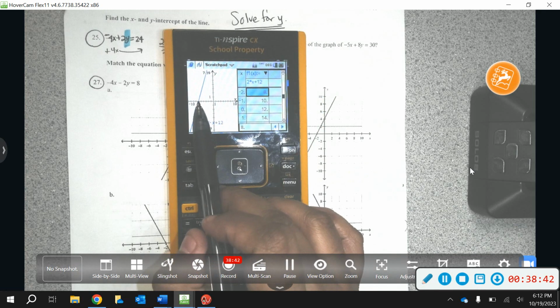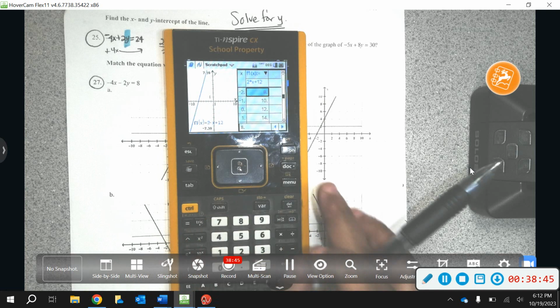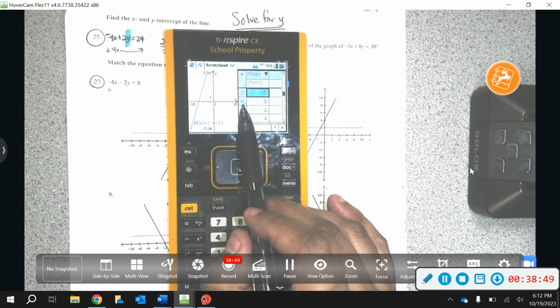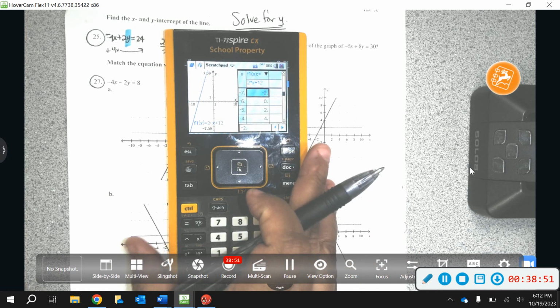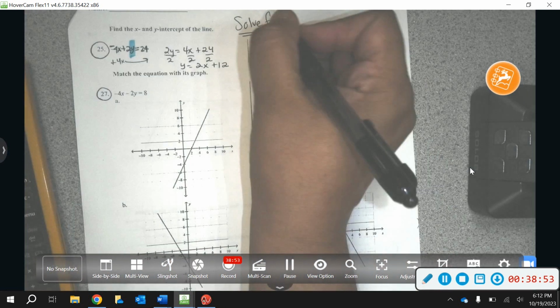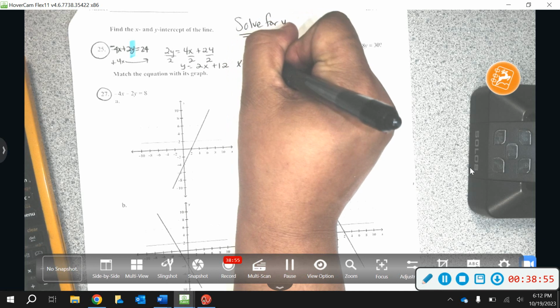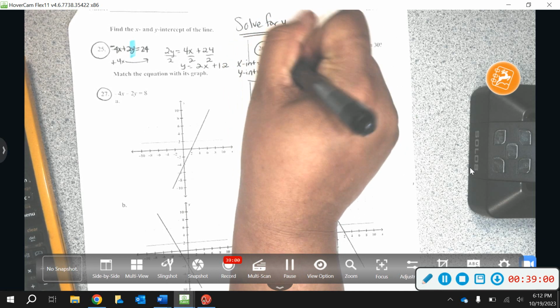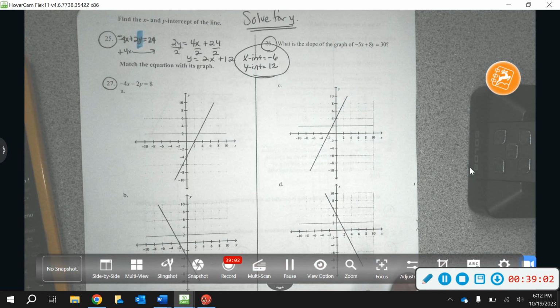I already know my x-intercept is over here at negative 6, comma 0. So my x-intercept is negative 6, and my y-intercept is at 12. Negative 6 and 12.